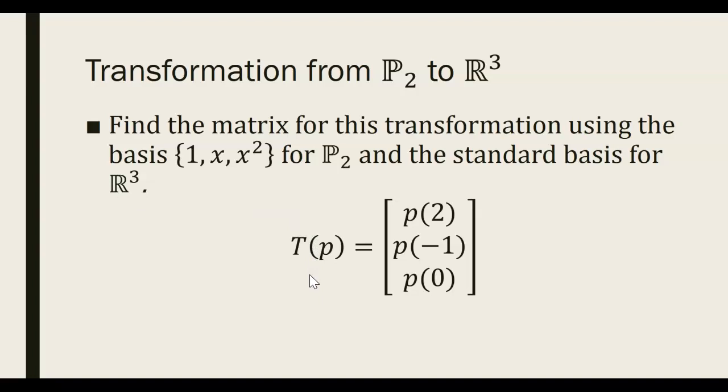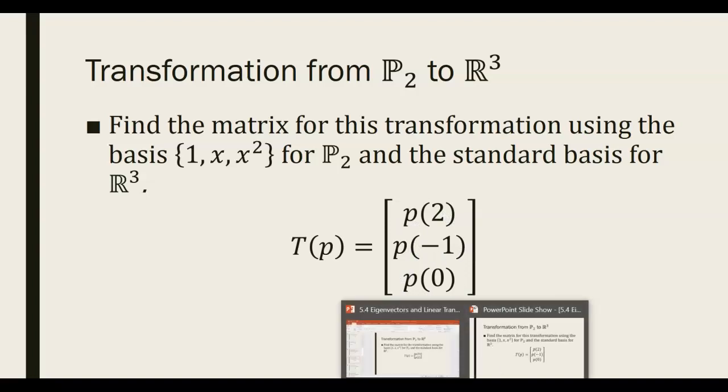I want you to come up with the matrix for this transformation from this basis to the standard basis, with respect to basis B and the standard basis. All right, so hopefully you went ahead and did that. So we're plugging in 2 for the first entry, -1 for the second, and 0 for the third entry.